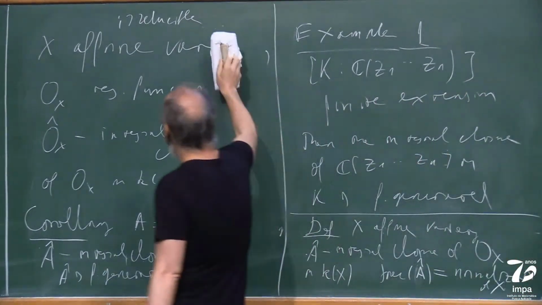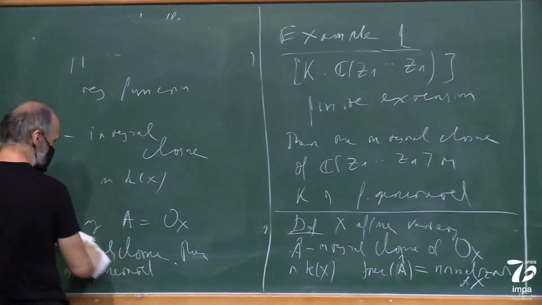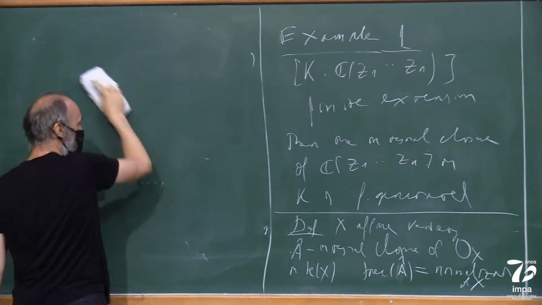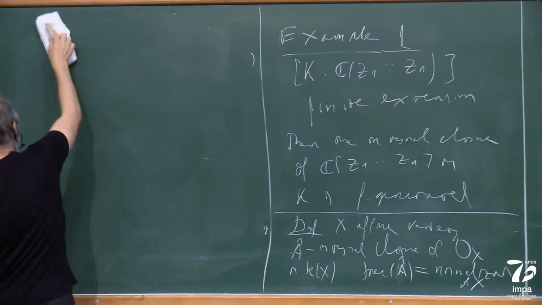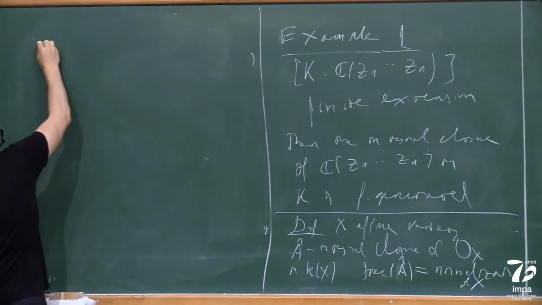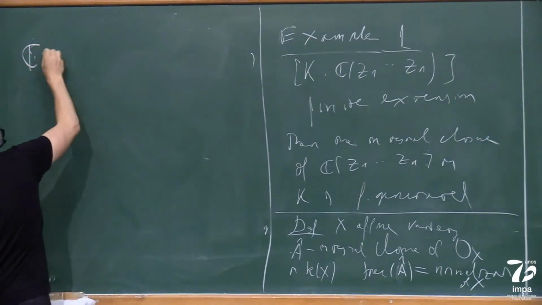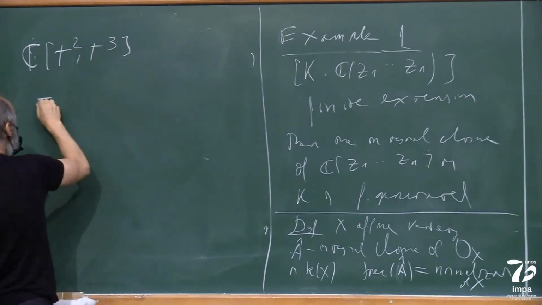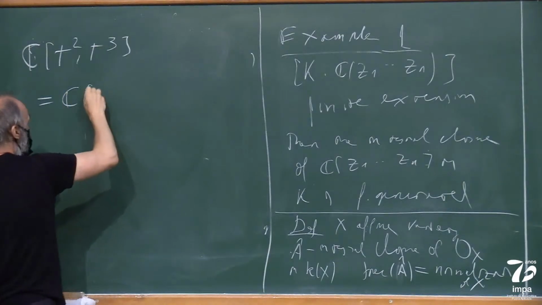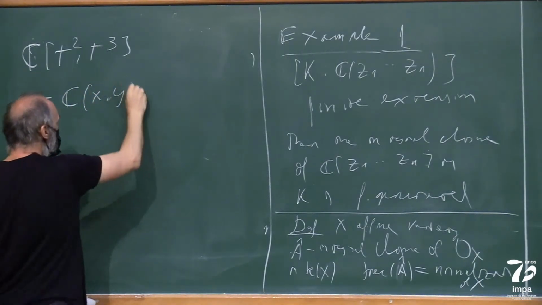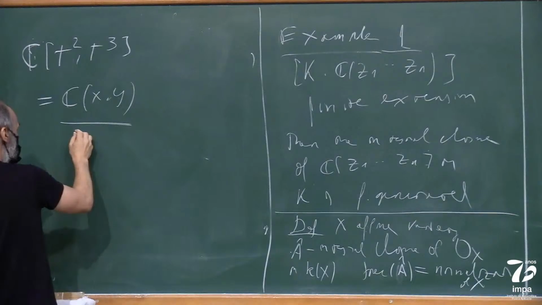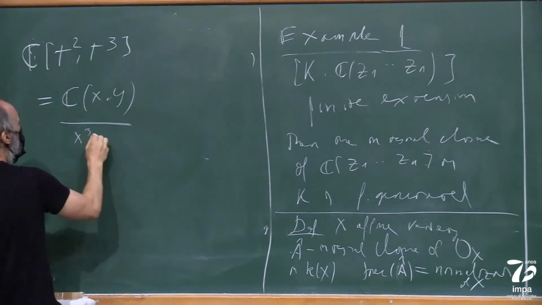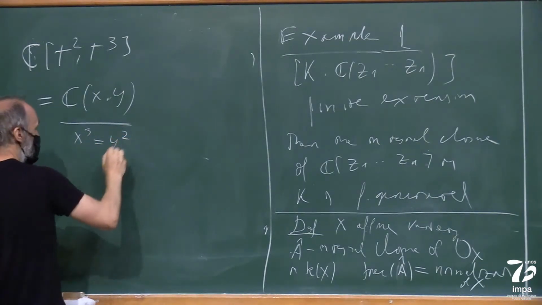This is the most standard and basic example that everybody has when anybody speaks about normalization. You immediately have this example. So you have C of T squared, T cubed, which is the same as C of X and Y, generated by the relation X is T squared, Y is T cubed, so X cubed is Y squared.